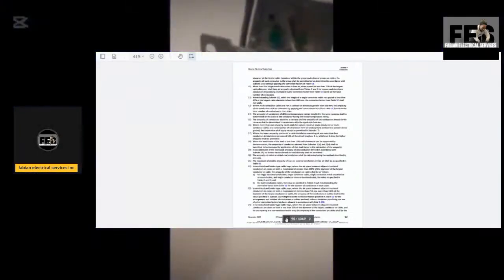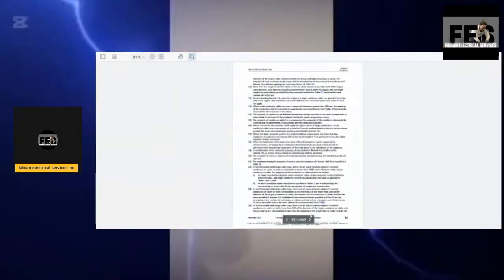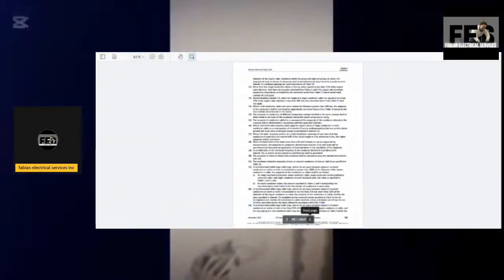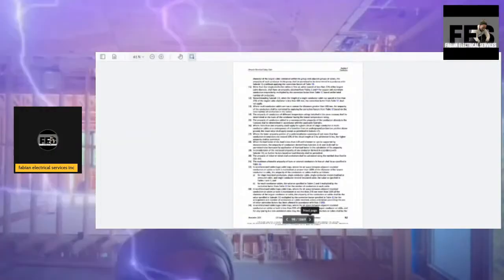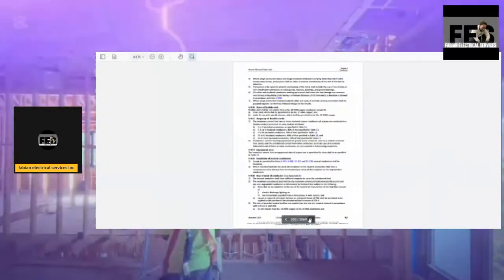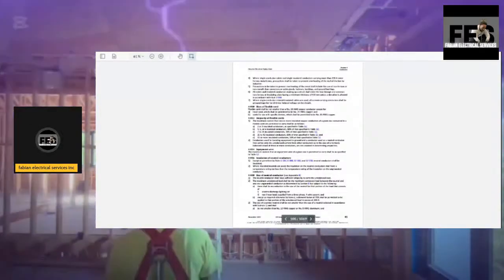So again, this is section 4000 of the Ontario Electrical Code Book, OESC code book that I'm going to be using, and installation of neutral conductors.